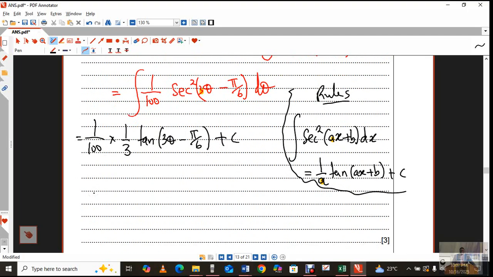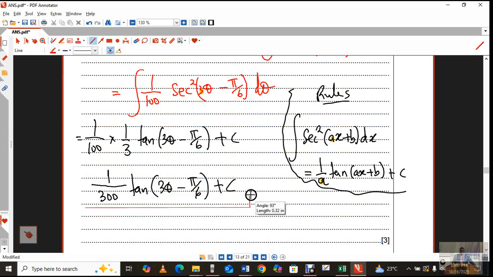So 1 over 100 times 1 over 3 is going to be 1 over 300, tangent of 3 theta minus pi over 6 plus c. And this is our final solution. We were supposed to integrate it.